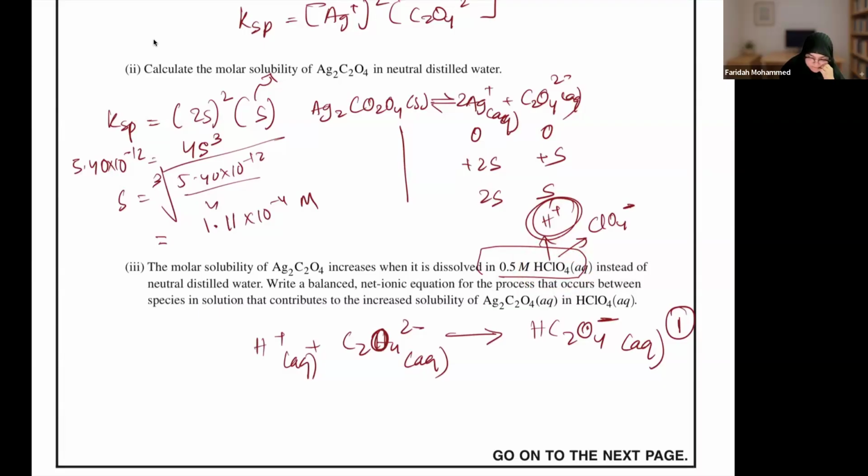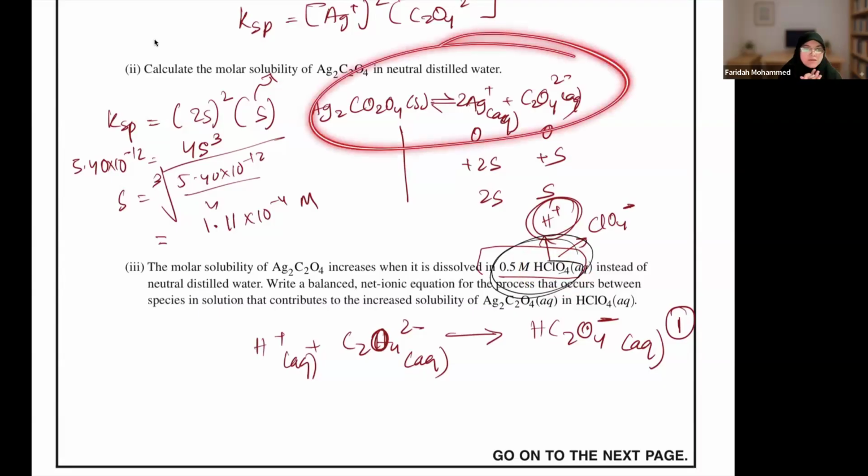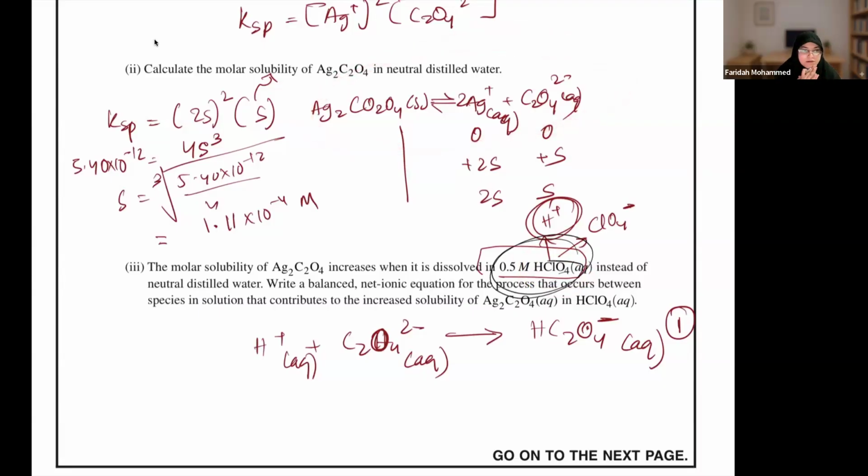They're asking you how this is going to affect the solubility of this. So what's going to happen? The H plus, it's a strong acid, right? So the H plus is going to react with this. That means this amount is going to go down. Common ion effect, no? It's going to go down and the equilibrium goes to the right.